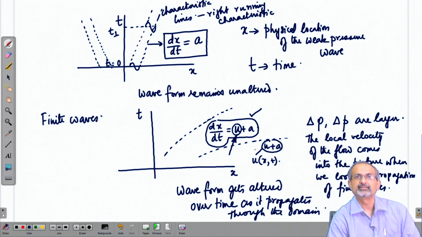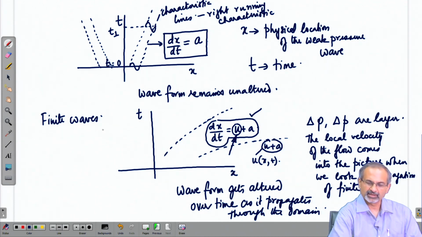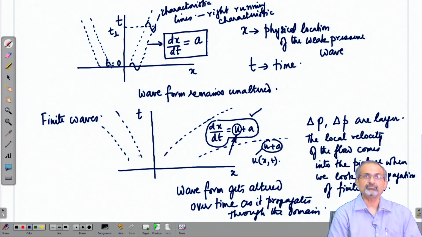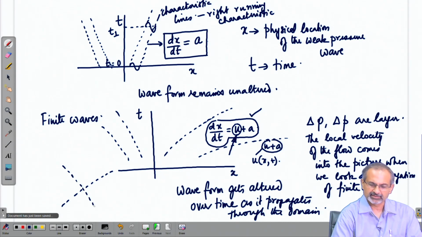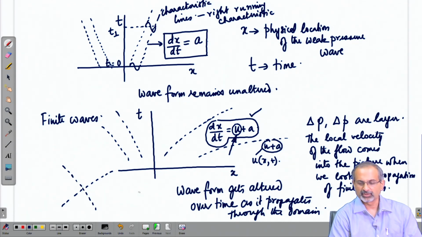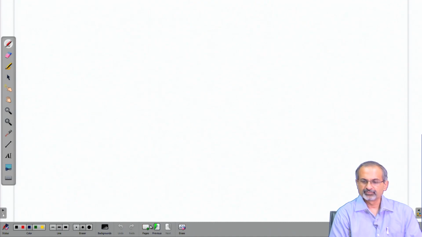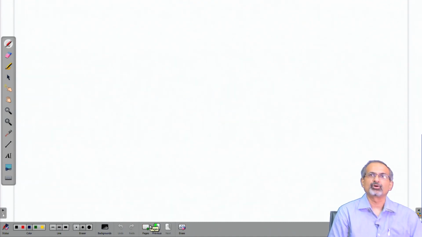Therefore, the dx dt will be a function of space and time, and again they can have left and right running types. Characteristics of two opposite families can intersect, but characteristics of the same family cannot. So, you can have a right running characteristic and a left running characteristic meeting and crossing over, but you cannot allow two right running characteristics to cross each other. That would lead to violation of the second law of thermodynamics.